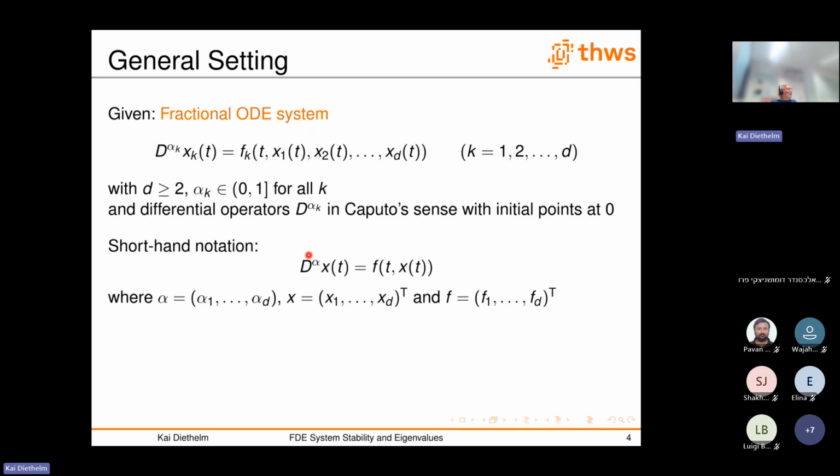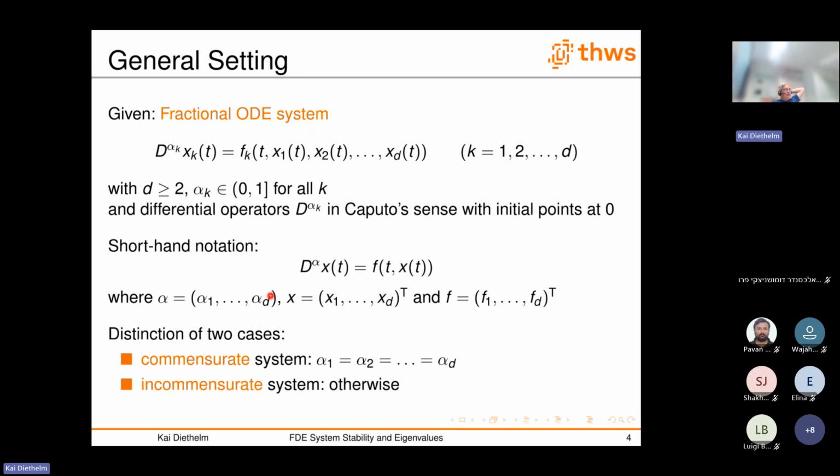So this is something d-dimensional, and this shorthand notation is supposed to stand for just this up here. And then we have to distinguish two cases. Case 1 is the commensurate case, when all those alphas here, all the components of the vector alpha are the same. And the second one is the incommensurate case, and that's everything else.